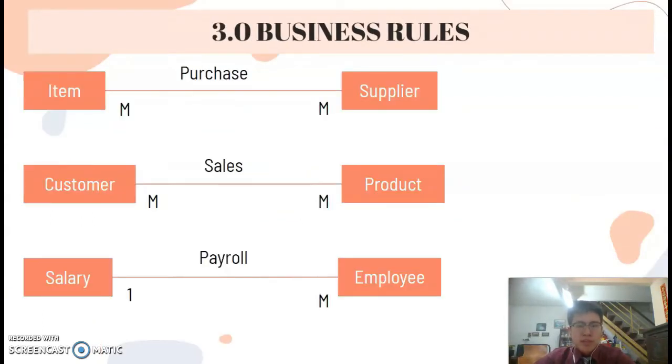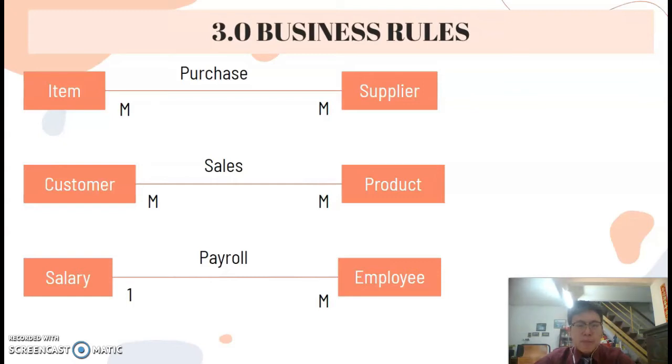Now I will talk about the business rules of the new cash management system. The first relationship is between the item and supplier. Many items can be bought from many suppliers. The second business rule is the relationship between customer and product.